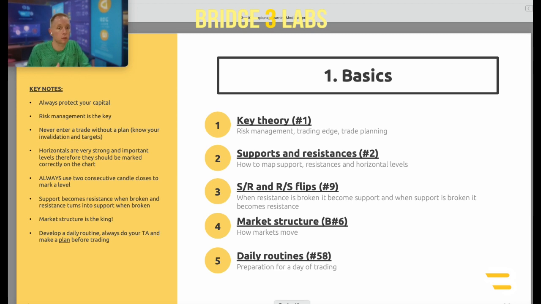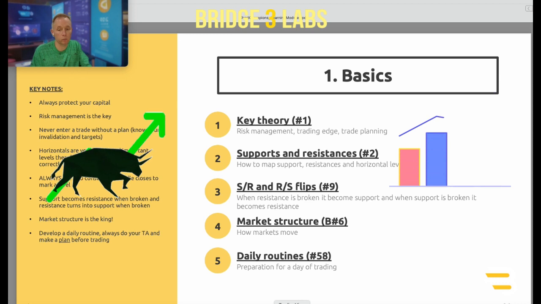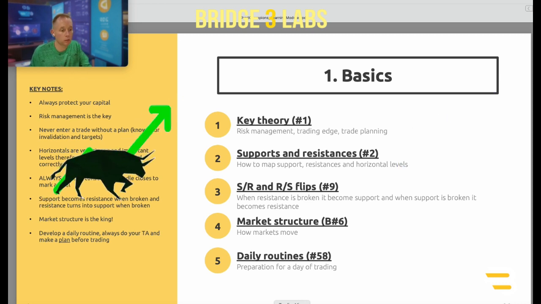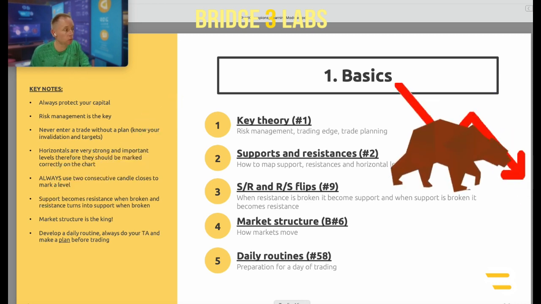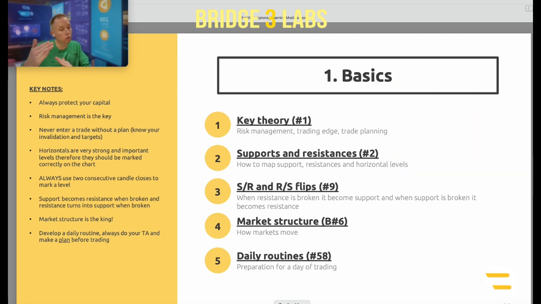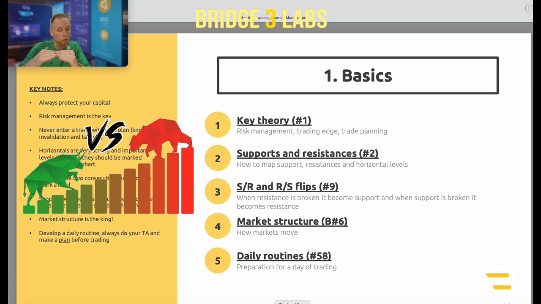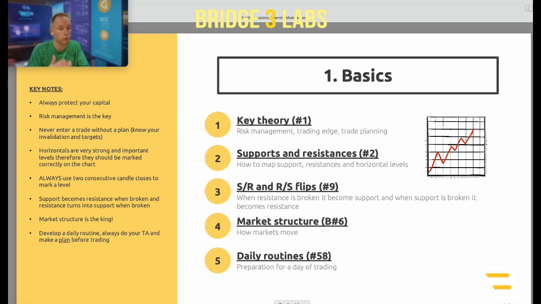Market structure gives you a clear trend on a chart, and it also gives you clear levels. Once you've identified a trend, whether it's a bullish trend, a bearish trend, or a sideways consolidation, it gives you a level that you know in your head, okay, at this level the trend will switch or change from whatever it was prior.